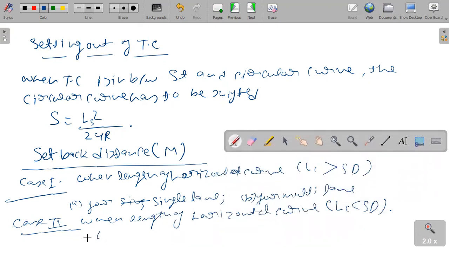Here also we'll discuss for single lane and for multi-lane.